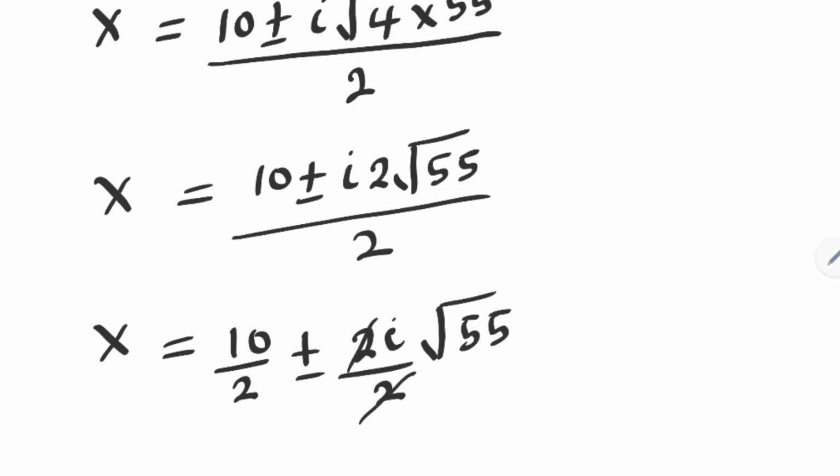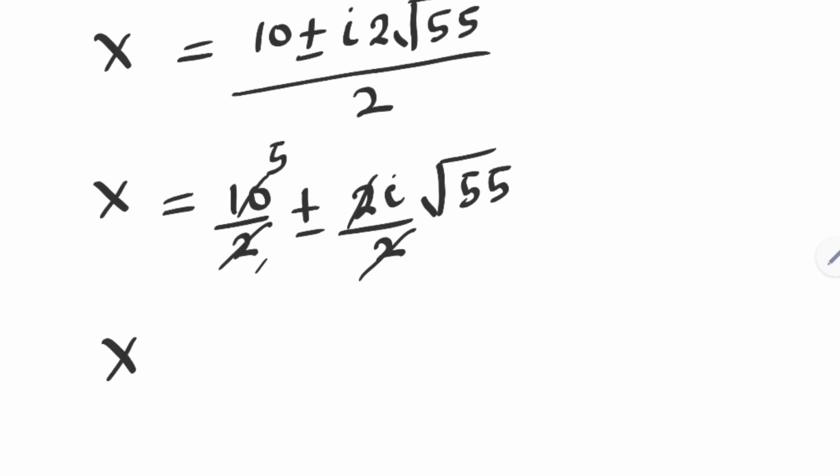These two cancel these two. 2 here 1, 2 here 5. x is equal to 5 plus or minus i square root of 55.